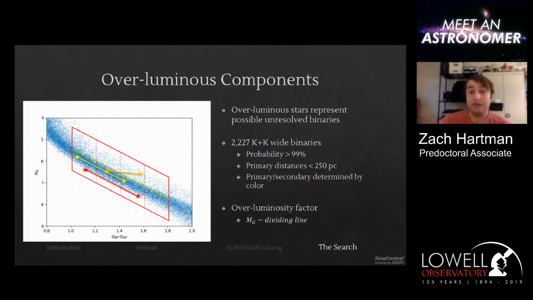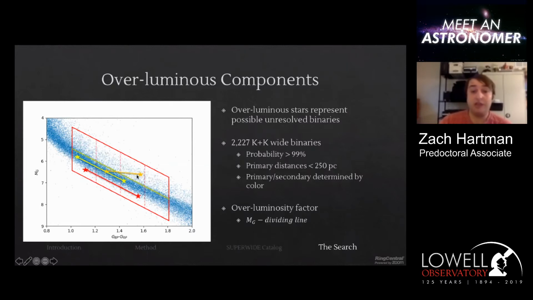If you have a negative one, then you will be over-luminous. For the other 2 pairs, you have this lower metallicity pair shown in red, and then an orange pair that shows one component being the right kind of luminous to be a single star, and then an overluminous star over here.